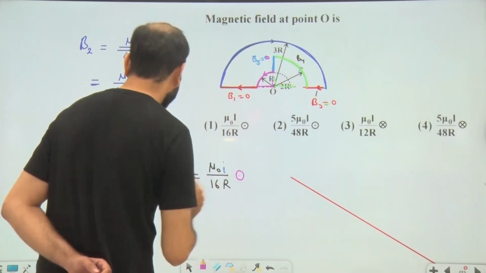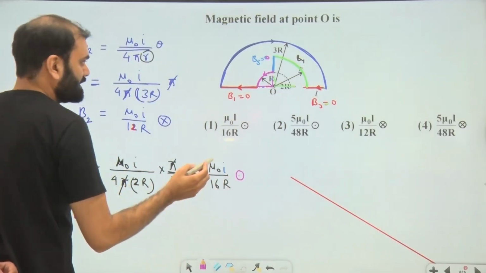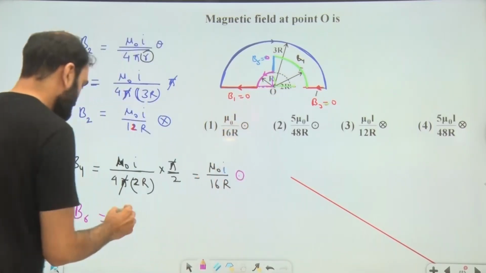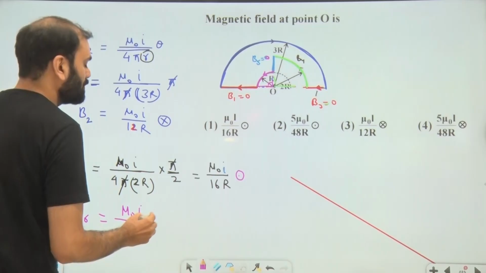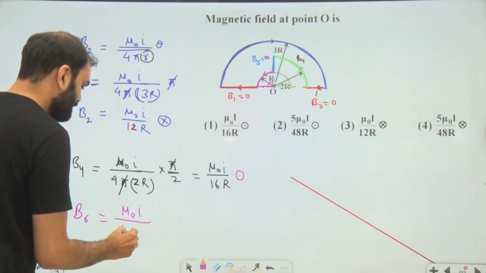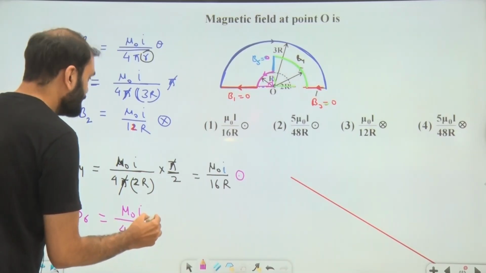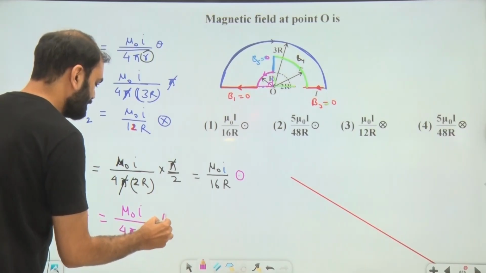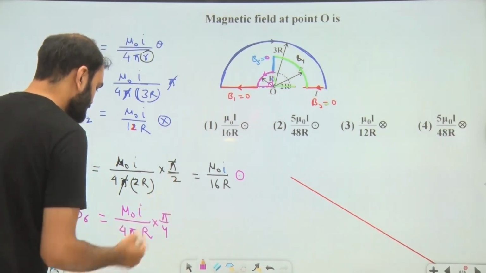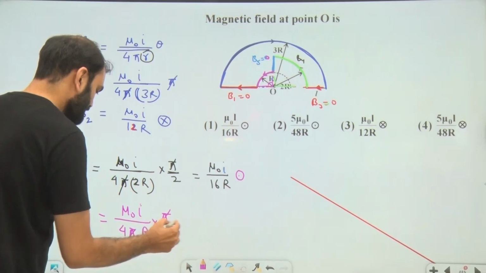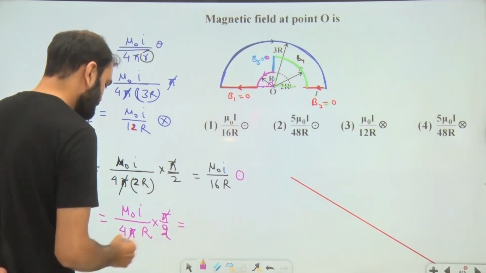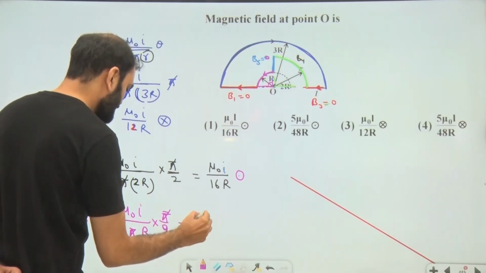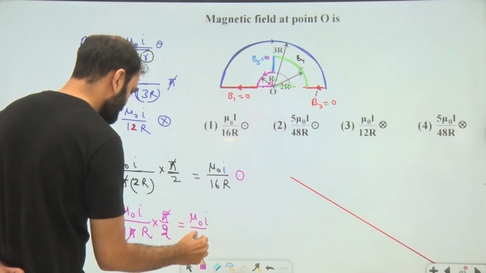B6 is equal to mu naught into I upon 4 pi into radius r into theta, which is pi by 2, so it equals mu naught into I upon 8r.